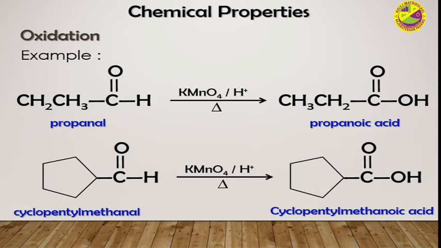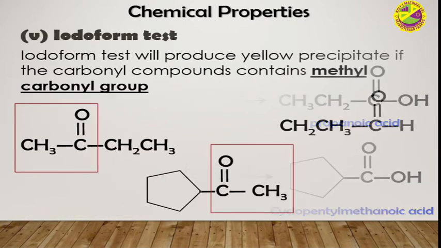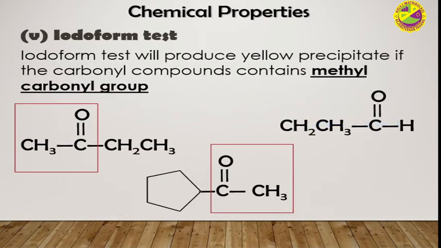cyclopentylmethanoic acid. Another chemical property for carbonyl compounds is the iodoform test. This test is used to detect the presence of methyl carbonyl group. If this group is present in the carbonyl compound, a yellow precipitate will form. So what is methyl carbonyl group?